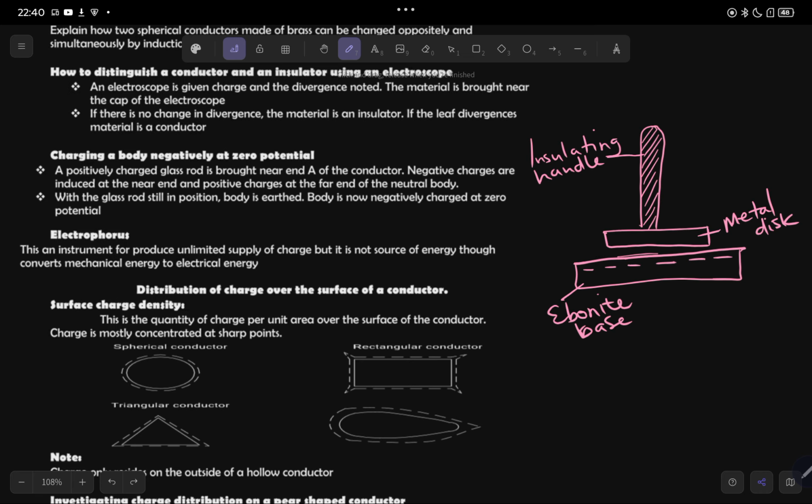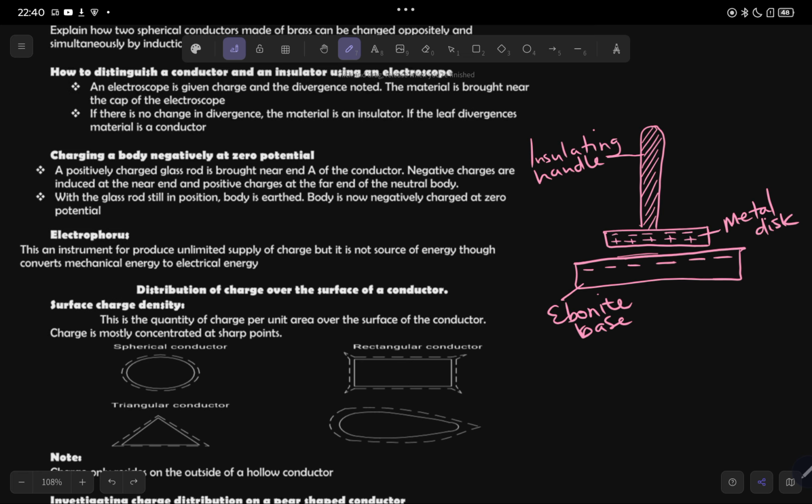When we place the metal disc on top of the ebonite base, it will induce a positive charge on the bottom of the metal disc and repel the negatives to the far end, or upwards.